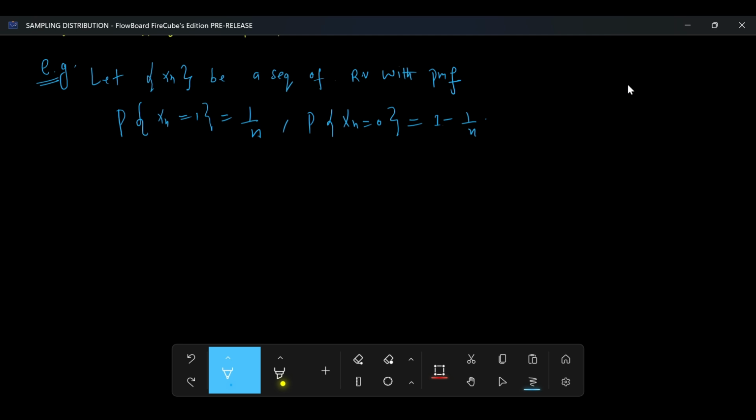So probability of |Xn - a| greater than epsilon will converge to 0 as n tends to infinity, right? So what's the expectation?